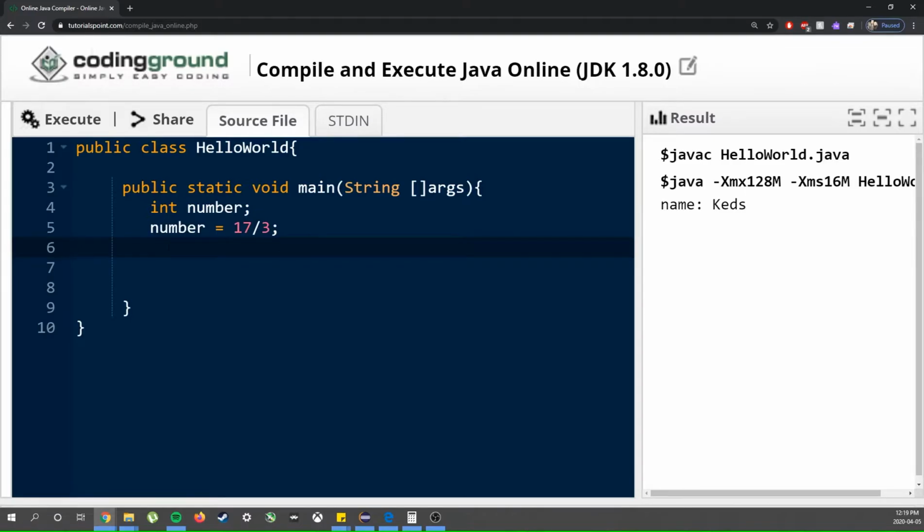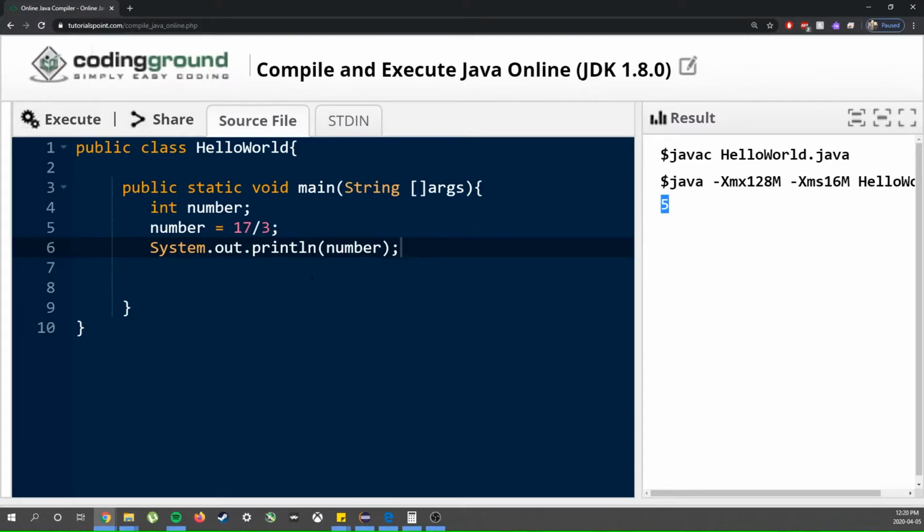Now, if I print out what this value is and execute, you will see it only gives us the whole number. It completely throws out the decimal part, because we only have so much space in memory, and if we try to go beyond that space, it's not going to be included in our number.